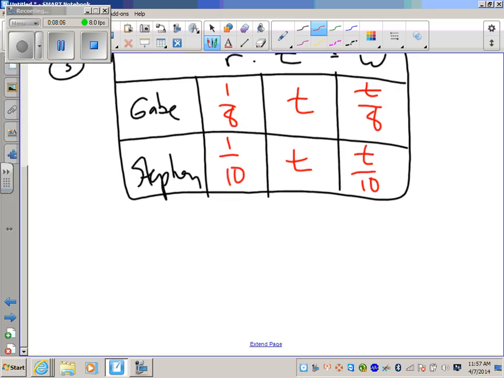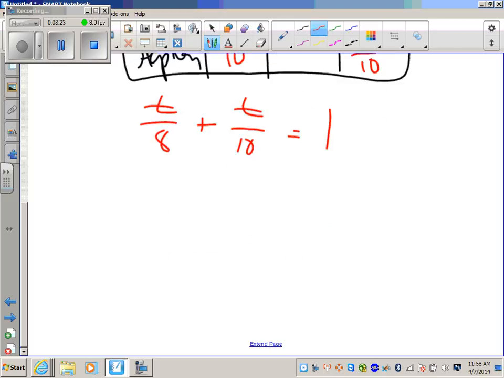Okay. Where do we go from here? They're working together, remember. T over 8 plus T over 10 is going to equal 1 job done, right? What is the LCD of 8 and 10? 40.